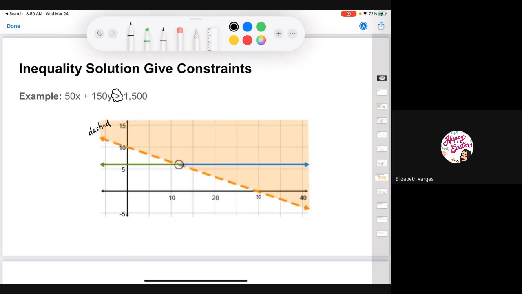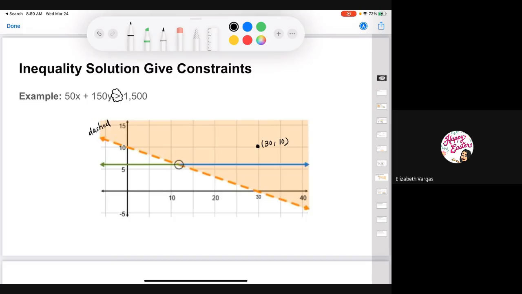And then we would know which one to shade because we would test a certain coordinate. So if I wanted to see if I could shade this side, I might use this coordinate right here, which is 30 and 10.